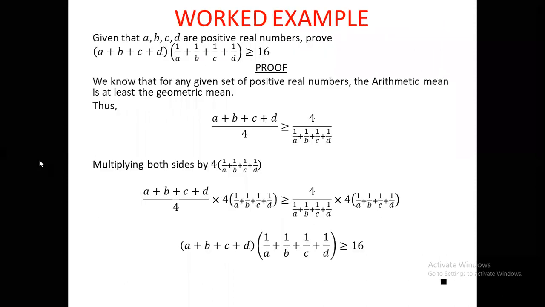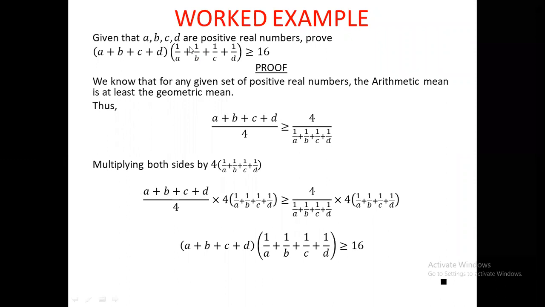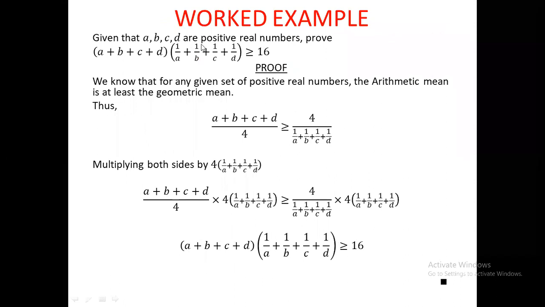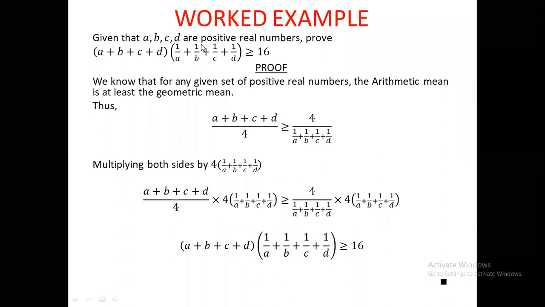So we have this problem: given that A, B, C, D are positive real numbers, prove that (A plus B plus C plus D) in brackets times (1 over A plus 1 over B plus 1 over C plus 1 over D) is greater than or equal to 16.